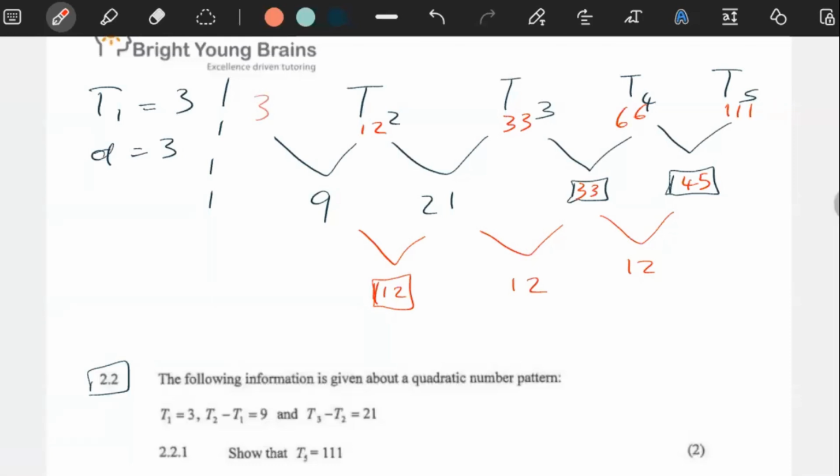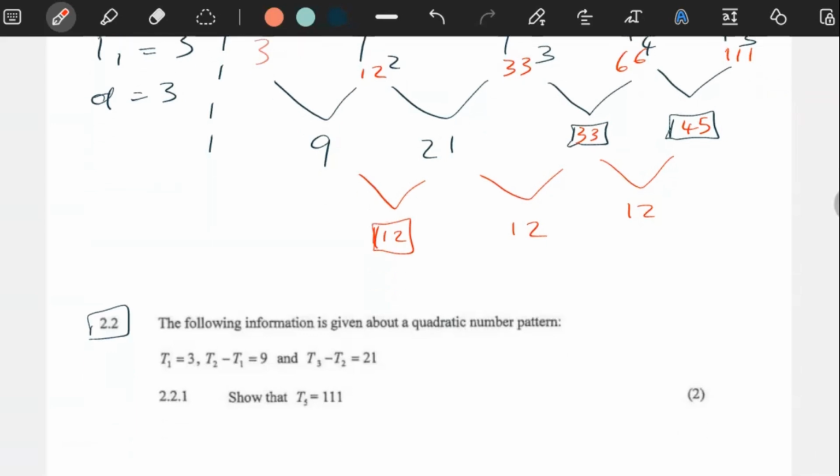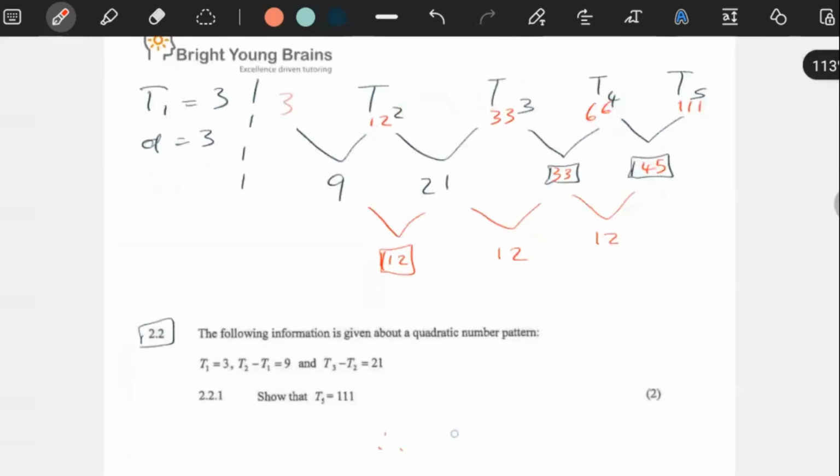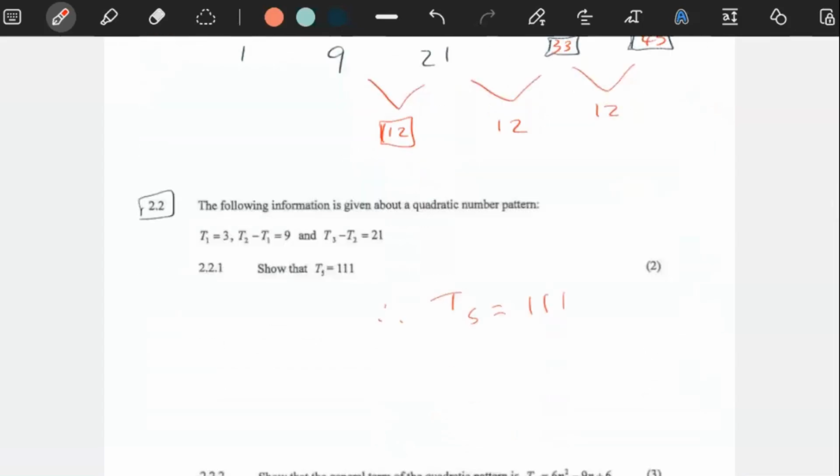So the fortunate thing is, as long as you can also even just draw out this diagram, that should be enough to get you your 2 marks, you see. And even just say here, 45 for 111, because just the diagram here shows how you got your answer. And it is just a 2-mark question, so you don't need to overthink it.